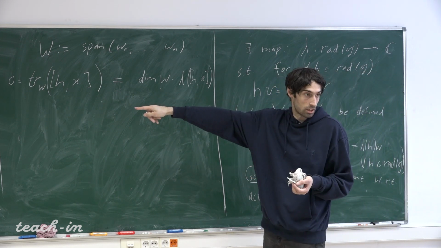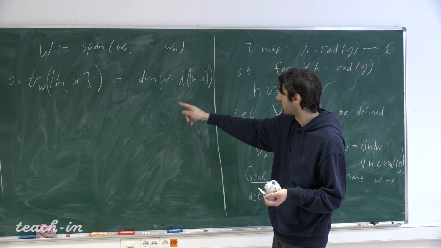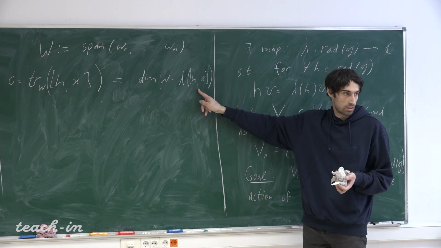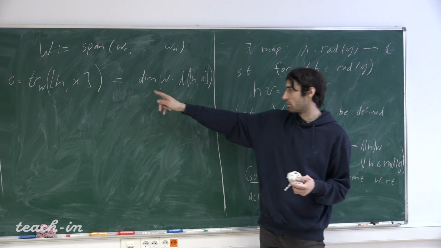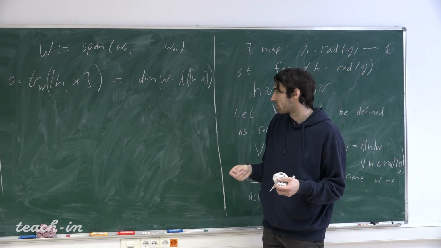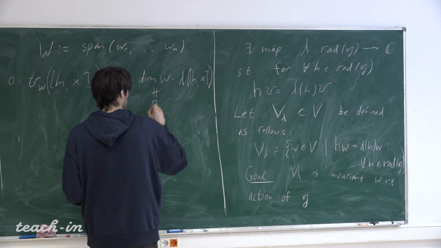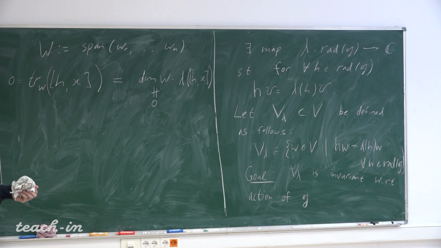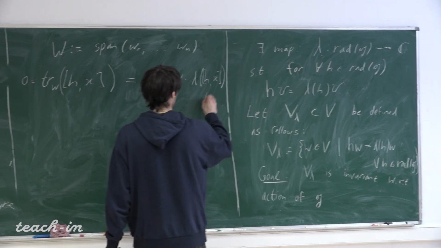But we need the trace only, and the trace only involves diagonal elements, and they are all equal. So when we sum them up, it will be the dimension of W times what stays on the diagonal. The dimension is not 0, because at least V is inside W, and V is not 0. But this is 0, so therefore this thing is 0.